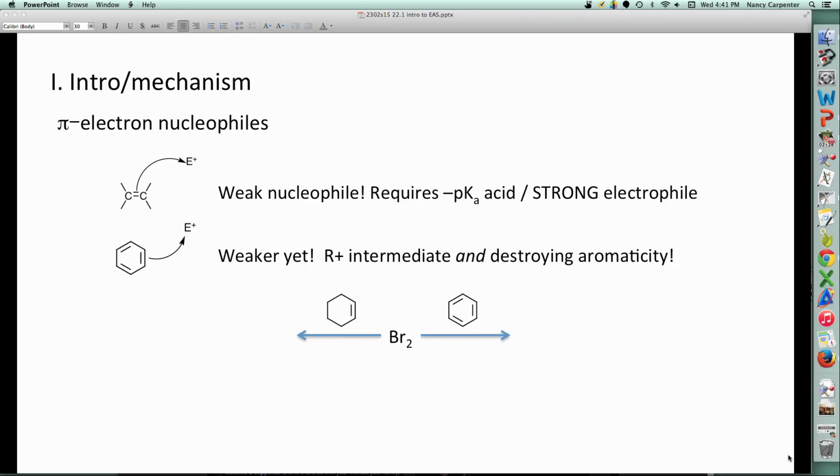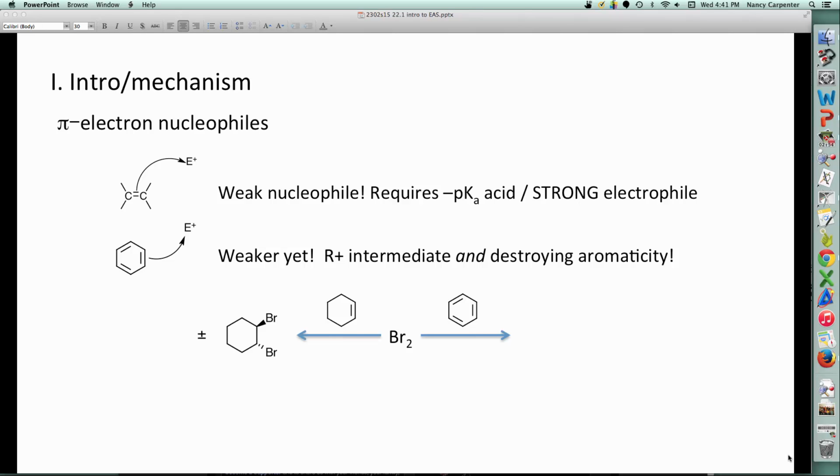This is evidenced very clearly if I take cyclohexene, like the cyclohexene you guys made way back in OChem 1 lab. Remember when you added that dark red bromine? The reaction that immediately occurred, which you could tell because the orange color from the bromine instantly dissipated.